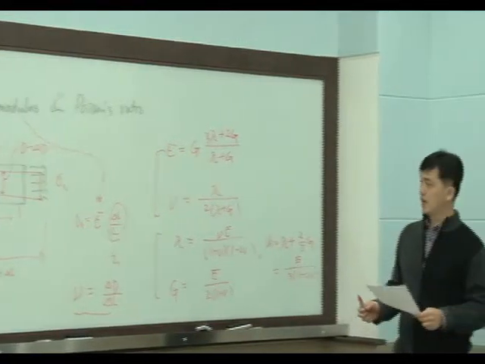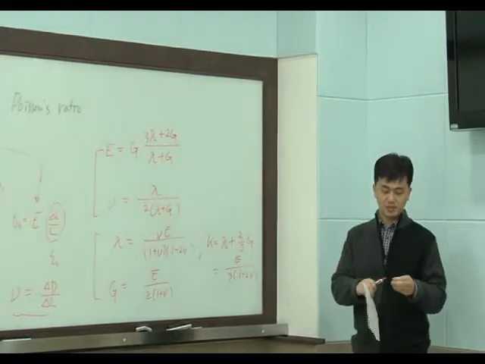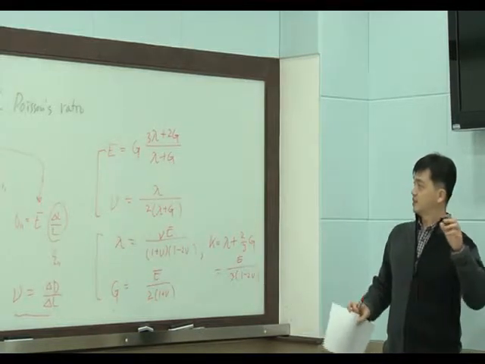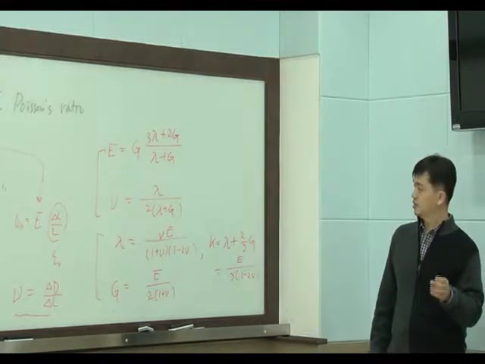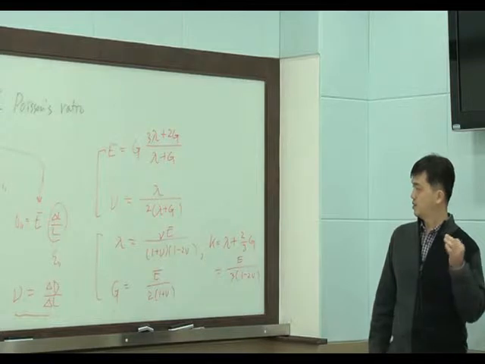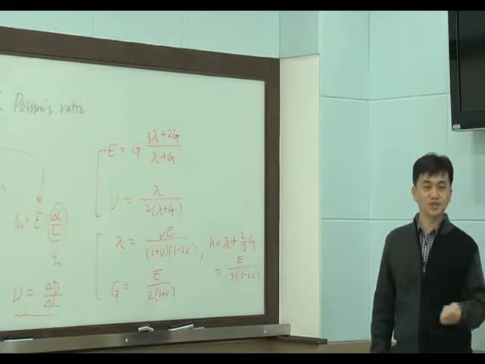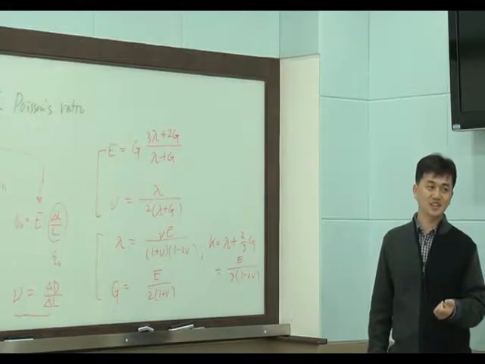So now we know many material constants: Young's modulus, Poisson ratio, bulk modulus, shear modulus, and lambda, right?